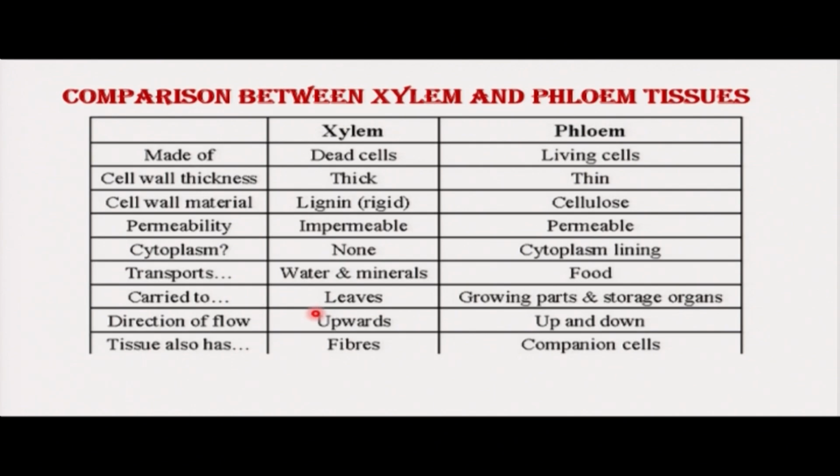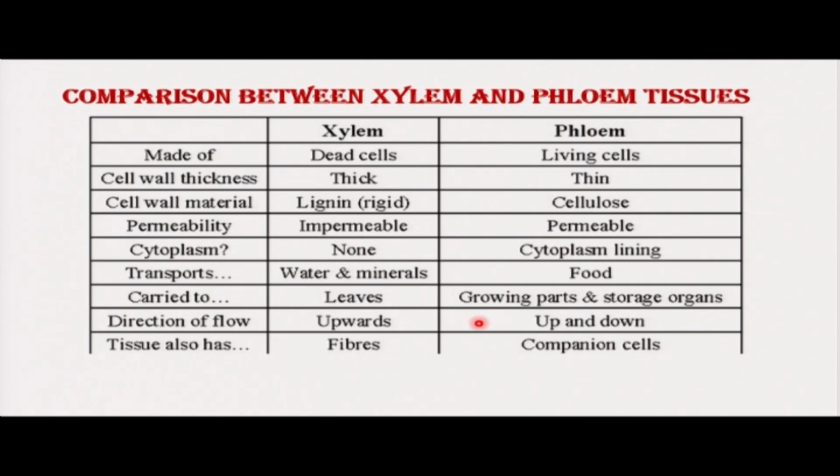Then xylem tissues transport water and mineral salts to leaves, while phloem tissues transport food to growing parts and storage organs. Here we can talk about roots. Then xylem tissues have one-way flow, only from roots to upper parts of the plant.